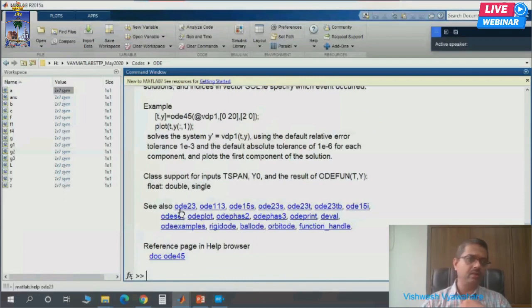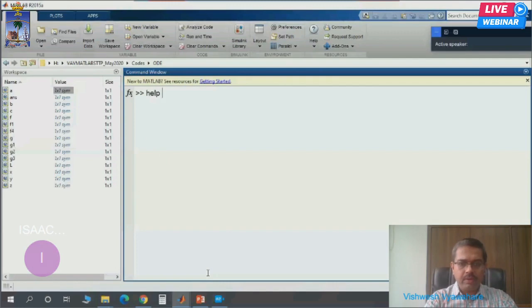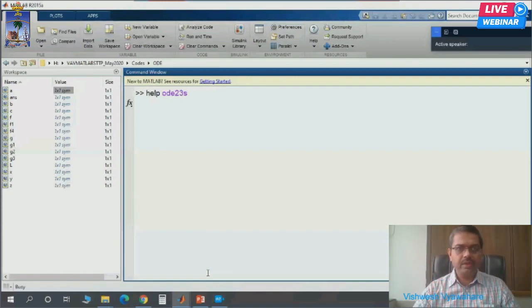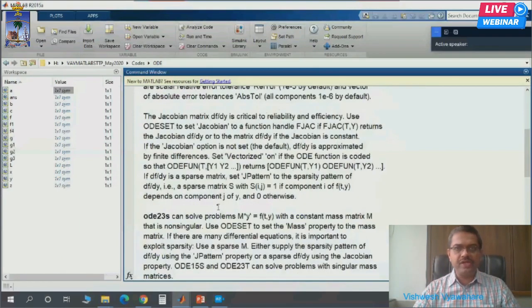There are other ODE solvers available: ode23, ode113, ode15s. That s stands for stiff. ode15s, ode23s. Let's have a look at this one more. Help ode23s. It is a low order method.